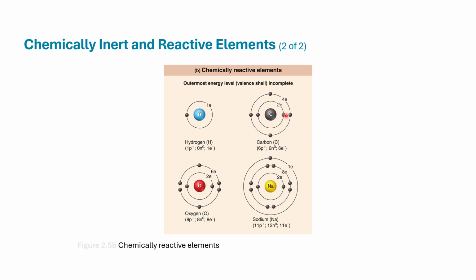Carbon has the first 2 on its inner shell and has 4 on its outer shell. So this is not stable because it needs 8 on its outer shell to be stable. So same thing, it's going to want to go around and either take or give some of its electrons on its outer shell. Oxygen has 2 on its inner, and it has 6 on its outer. So it's either going to want to take 2 electrons from someone else or share 2 with someone, and so on.